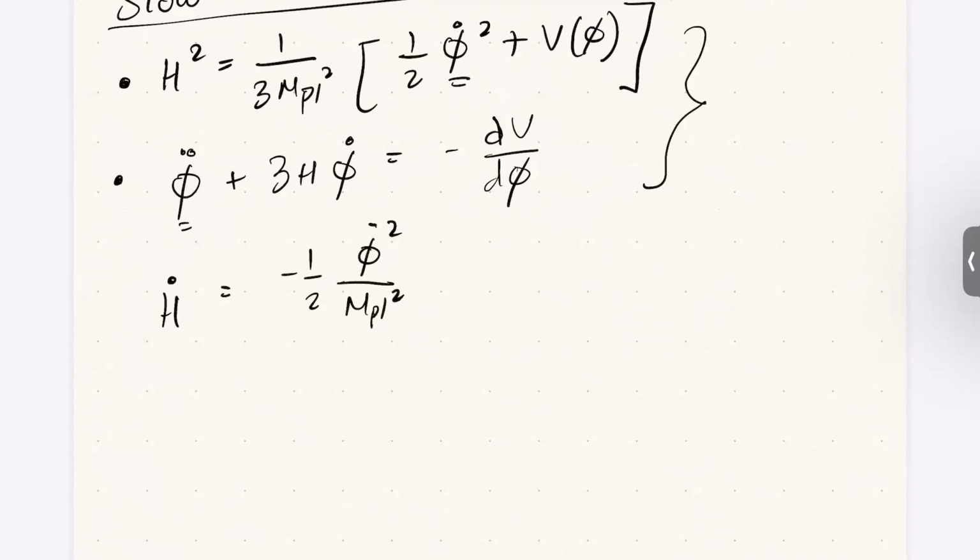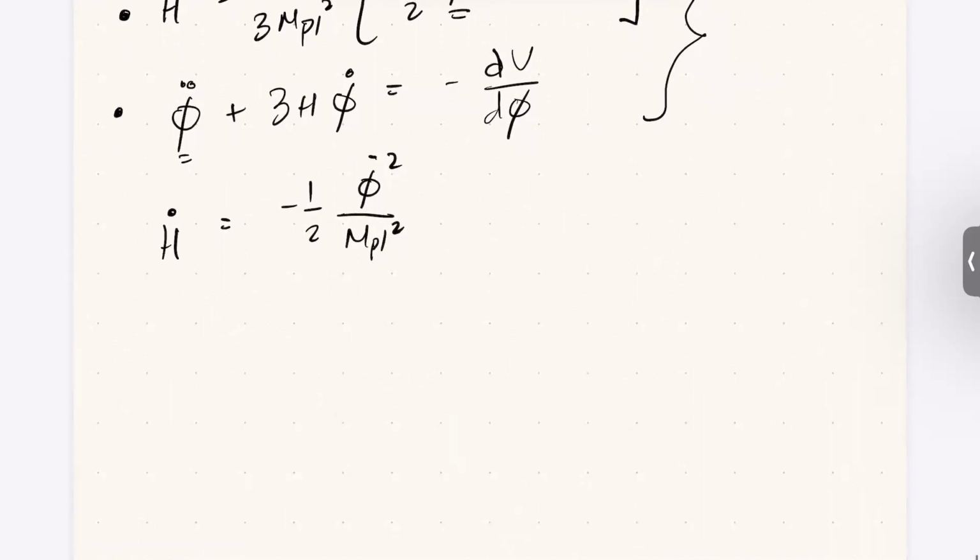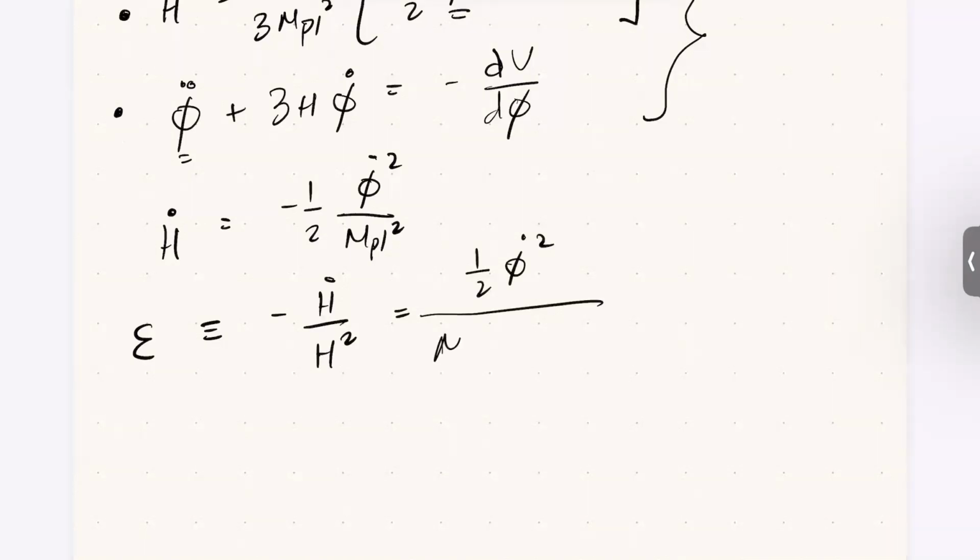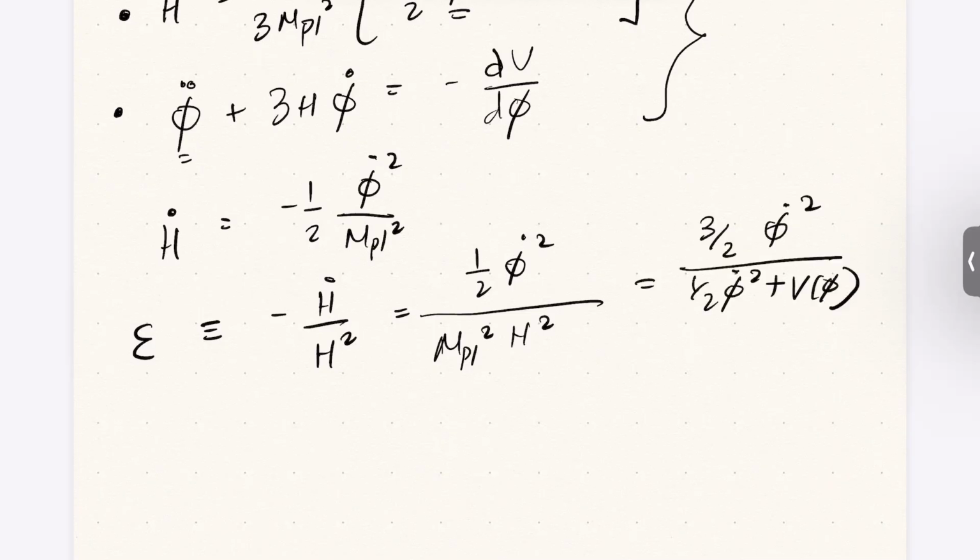And taking the ratio of the two equations above and the expression for H dot, I can write the first slow roll parameter epsilon, which was minus H dot by H squared, as half phi dot squared by M Planck squared H squared. I can do a little bit of algebra, and this is what I find my expression to be.